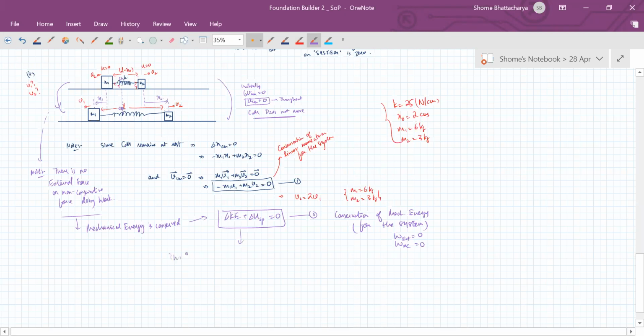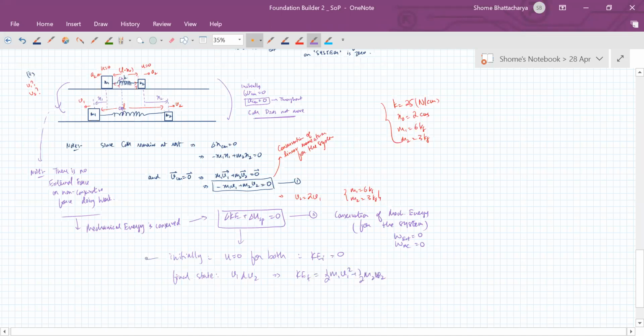Initially U is equal to 0 for both, so the initial kinetic energy is 0. Whereas in the final state, the spring is relaxed, but the blocks have speeds V1 and V2. So the kinetic energy is half m1 v1 square plus half m2 v2 square.